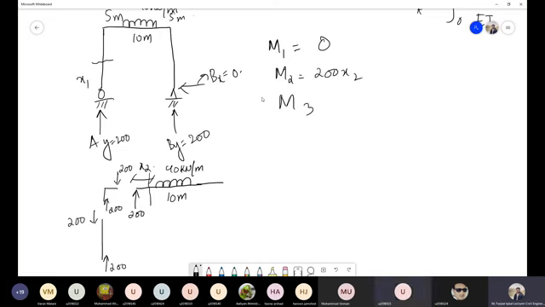For section 3, yes sir, let's take section 3 from here to any random distance. So what will be the equation of moment? Sir, 400 into x3. What? Sir, 400 into x3. Okay, leave it. Someone else?